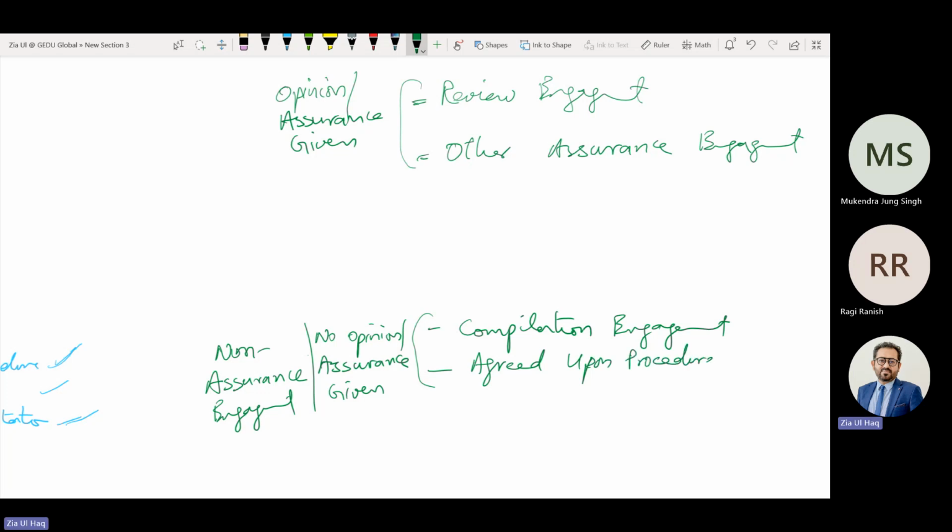It's not an engagement like before marriage, the engagement of a ring. These are engagements with clients: any assignment, any work.